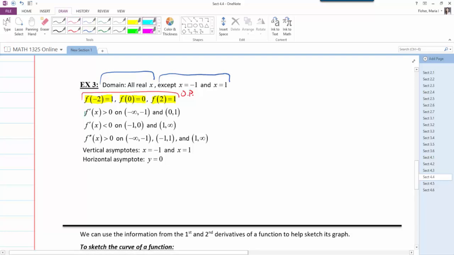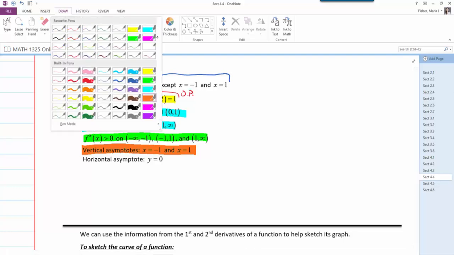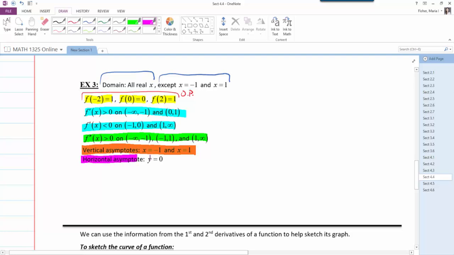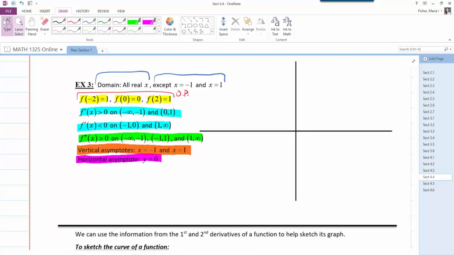Then we're given information about our first derivative and then information about our second derivative. Finally, we're given that we have vertical asymptotes at -1 and +1, and that we have horizontal asymptotes at y equals 0. So let's begin graphing this. I'm going to begin by plotting our ordered pairs and also by looking at our asymptotes.